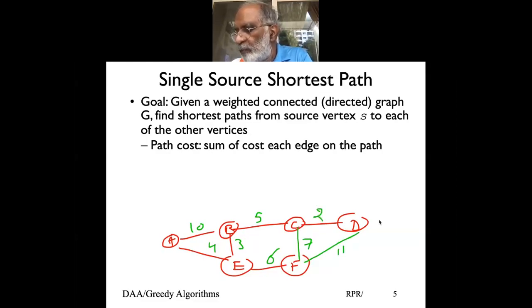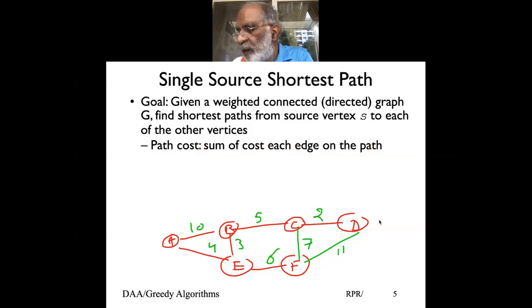If I look at my cost of the path from A to E, my A to E would be 4, and my A to B would be 7, because the cost between A and B is, look at the minimum path A to E and E to B. So path cost is the sum of the cost of each edge on the path.